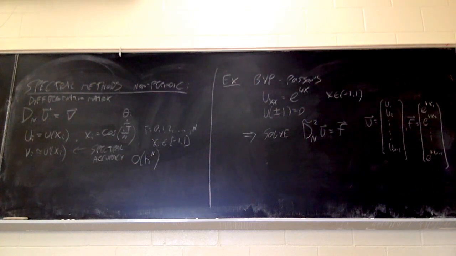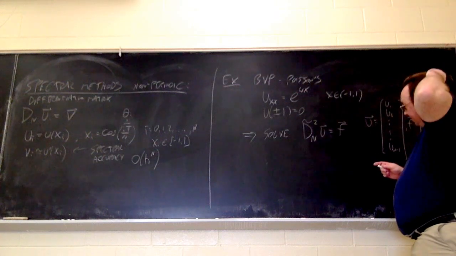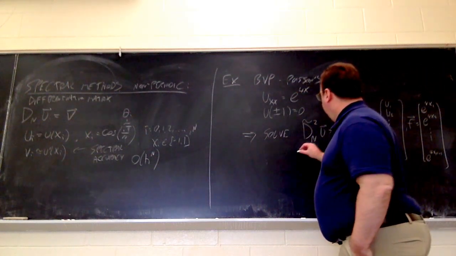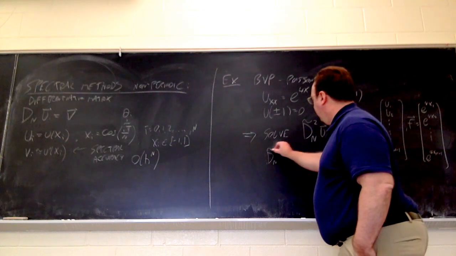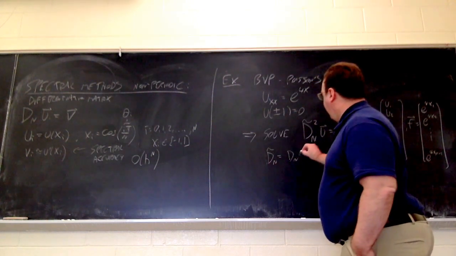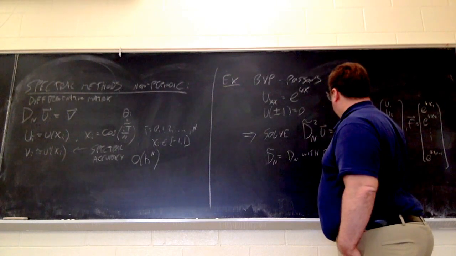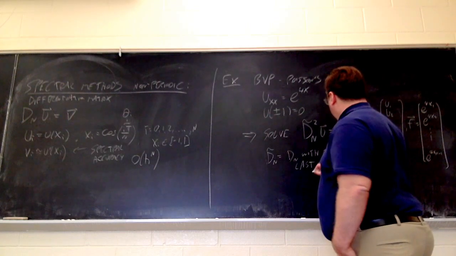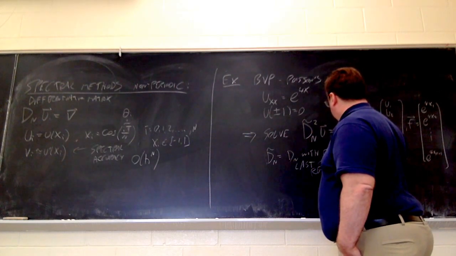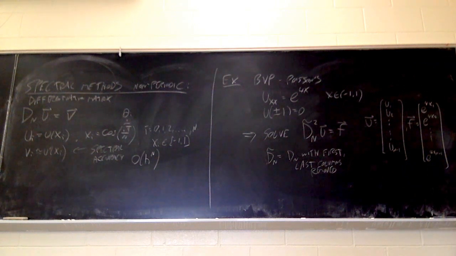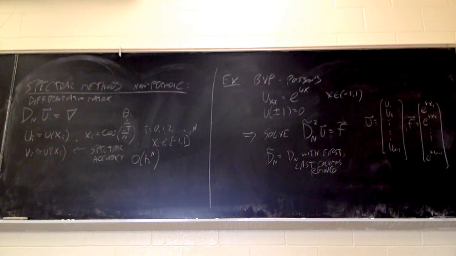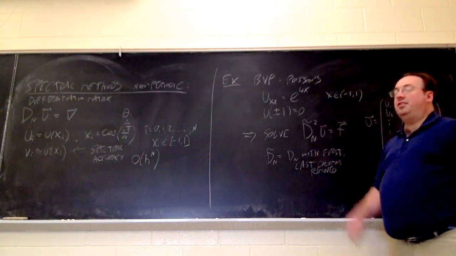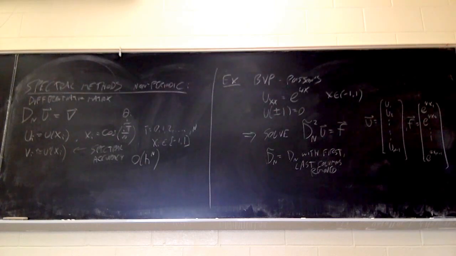And D_N tilde, as opposed to D_N, is D_N with the first and last columns removed. So instead of this N plus 1 by N plus 1 matrix D_N, we have an N minus 1 by N minus 1 matrix D_N tilde. It's squared because we have a second derivative, and D_N is used to compute just the first derivative.